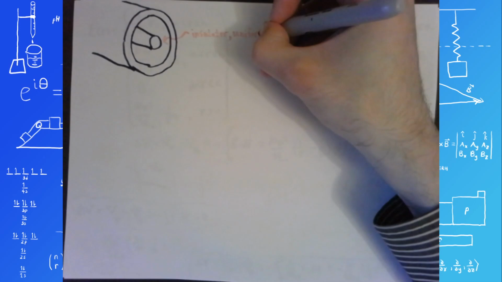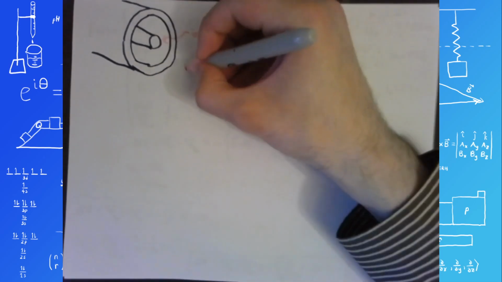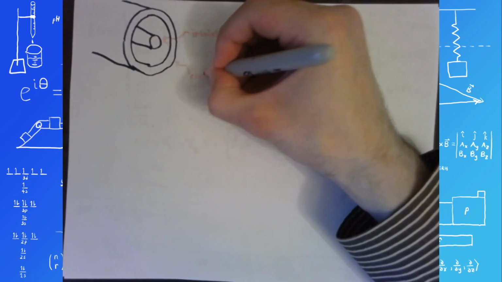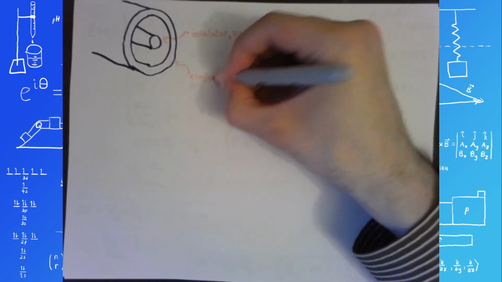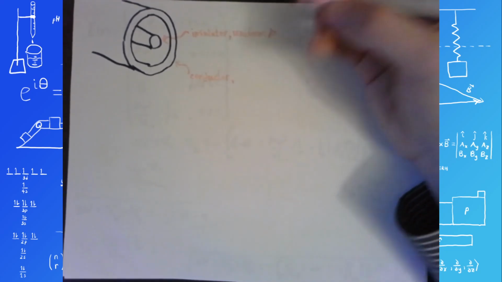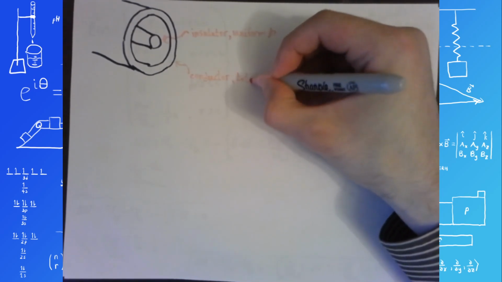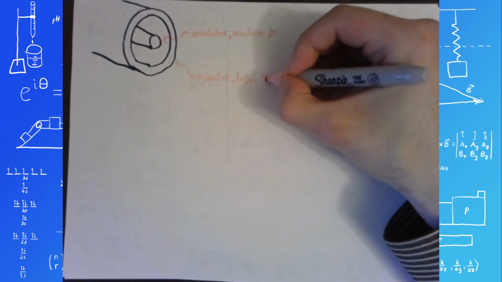And then this thing is a conductor with a total linear charge density of lambda.